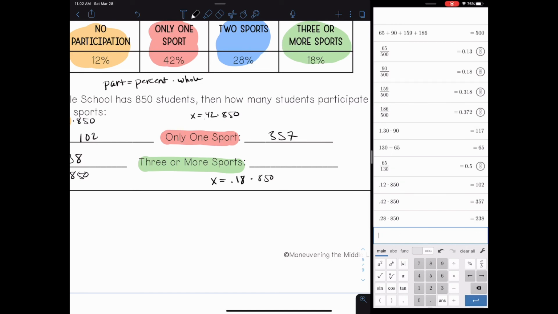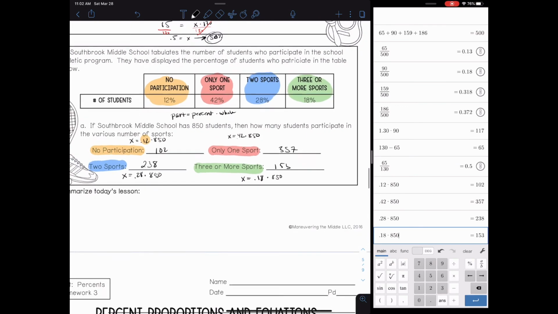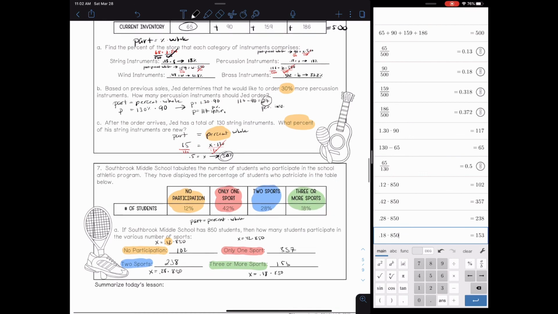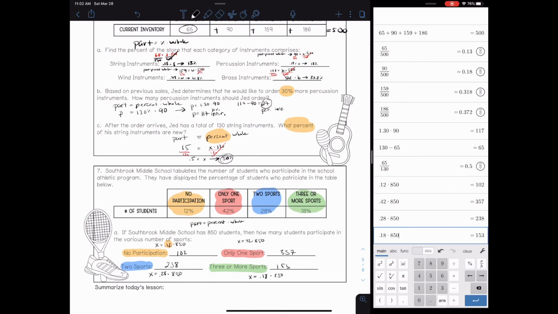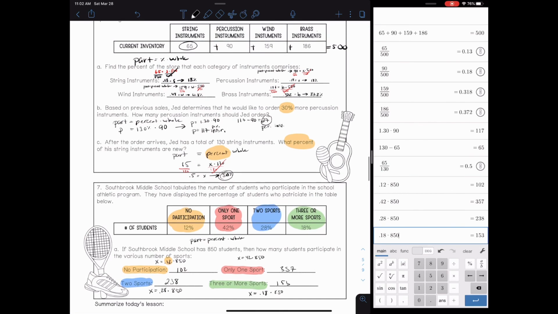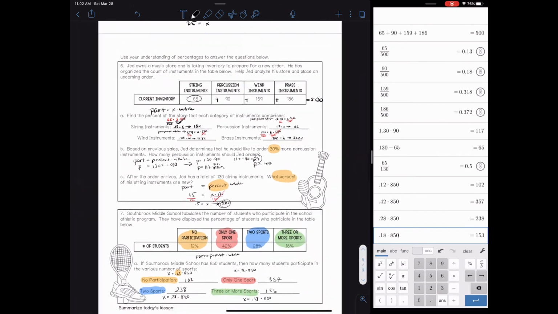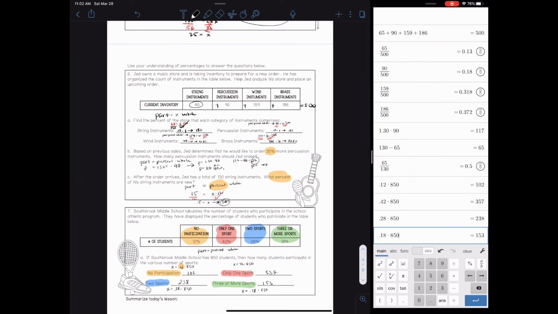Multiply those two, 0.18 times 850. And so the number of students is 153. And there we are. So that was the fifth page completed. All right. I'm gonna stop this video and then I'm gonna move on to the sixth page.